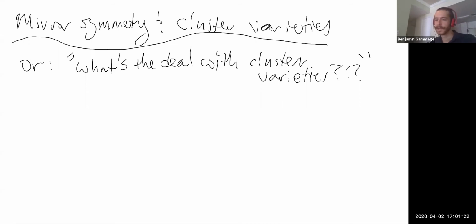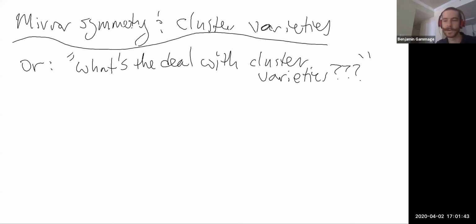I think that most of the talk will be focused on explaining some basic ideas in the theory of cluster varieties and some basic features and how they behave under mirror symmetry. So I'll be focusing on examples.